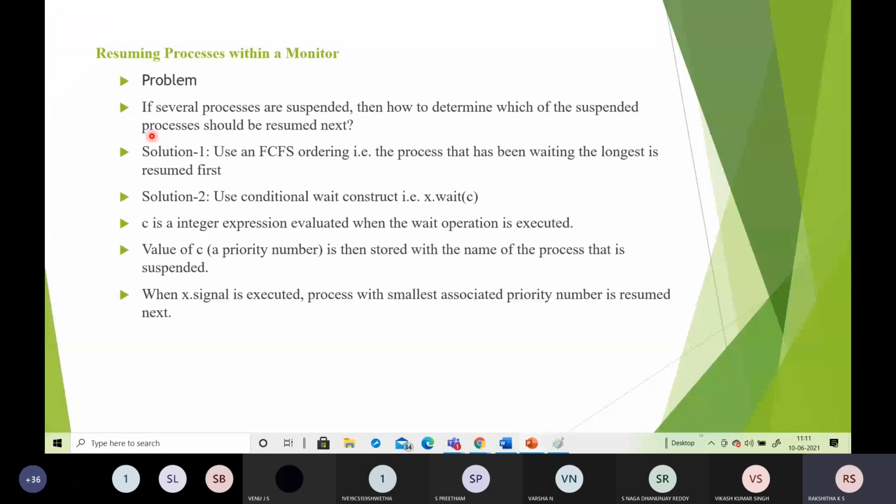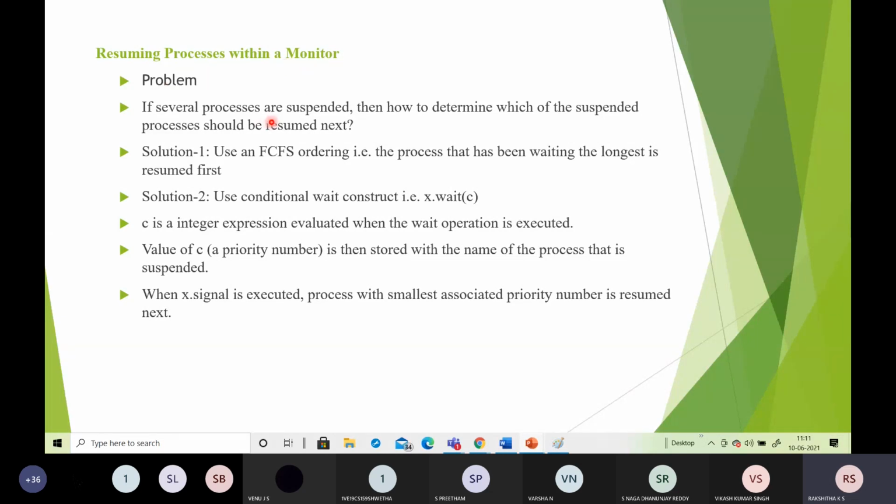Resuming the process within a monitor: until the shared variables and the procedure are utilized by the process, all those processes are stopped in the monitor. What problem will we face if a process is stopped in the monitor?